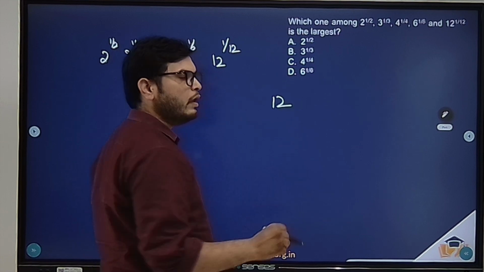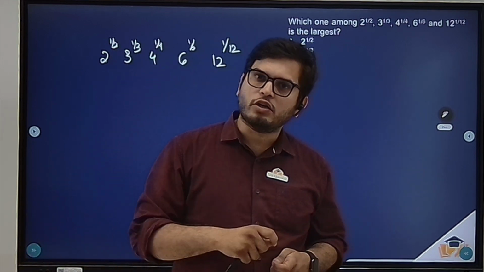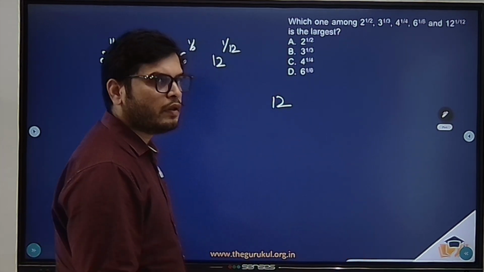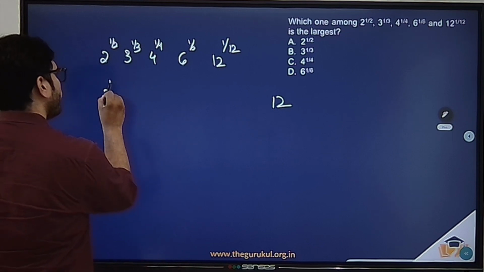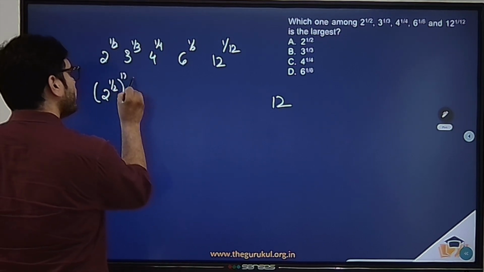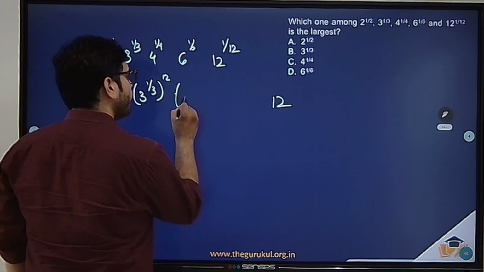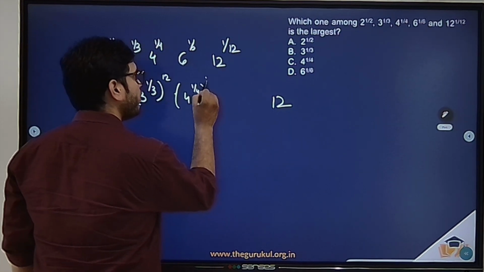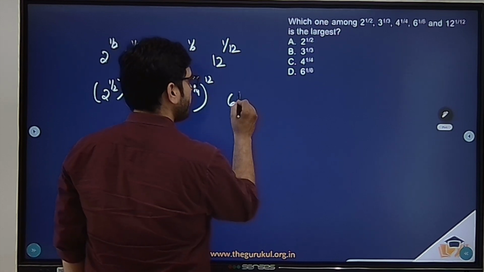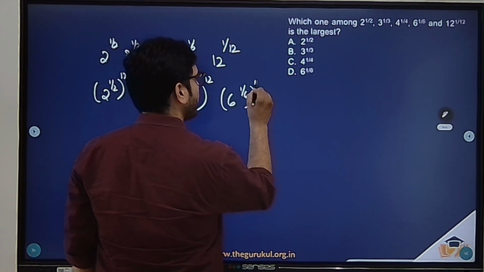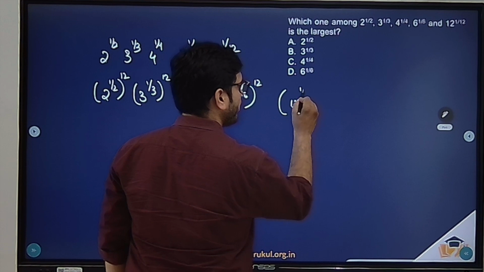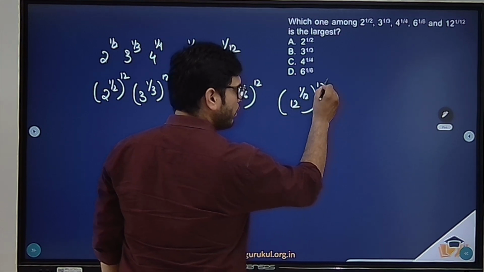12. Now let me write each term to the power of 12. So 2 power 1 by 2 power 12, 3 power 1 by 3 power 12, 4 power 1 by 4 power 12, 6 power 1 by 6 power 12, and 12 power 1 by 12 power 12. Now I can cancel these.